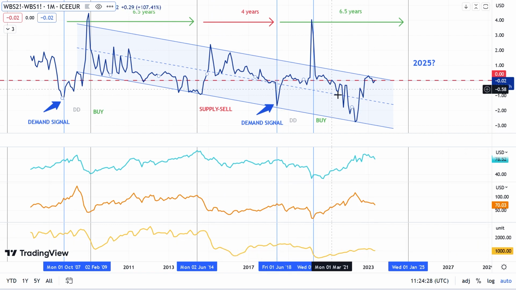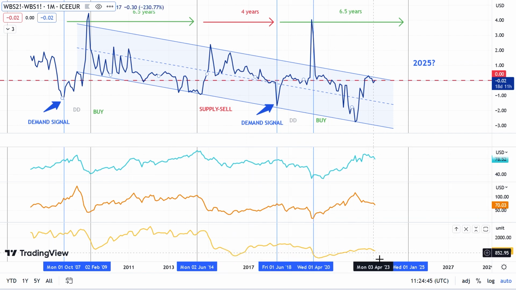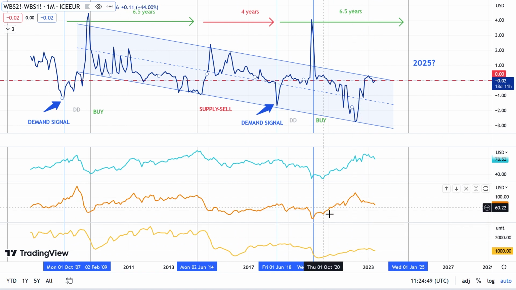So let's see what happens. But it means that there's a structural problem, at least going back over the last 10-15 years, where supply is not really responding in the way that we would expect to demand.